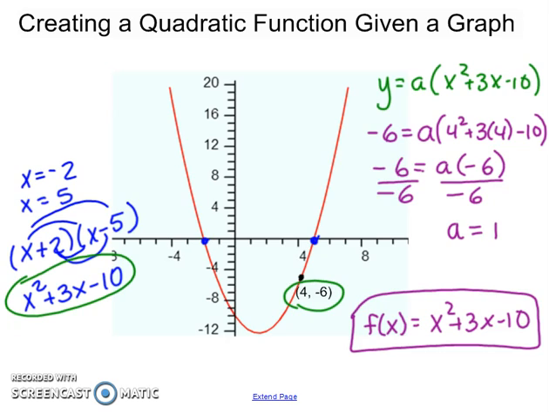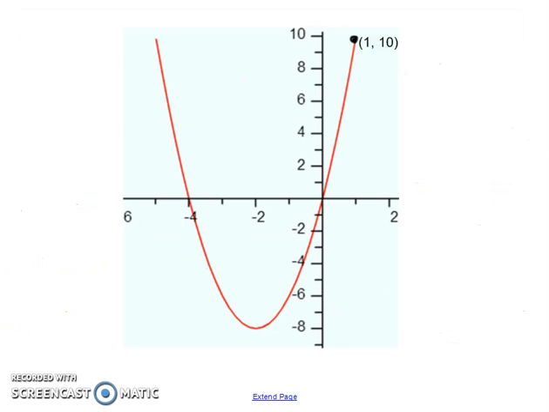Okay, so let's look at one that's a little bit different. Same idea here. We're going to first find the x-intercepts. I have one here at negative 4, and I have x equals 0. So I know that my factor that's going to give me negative 4 is going to be x plus 4 because it's opposite.